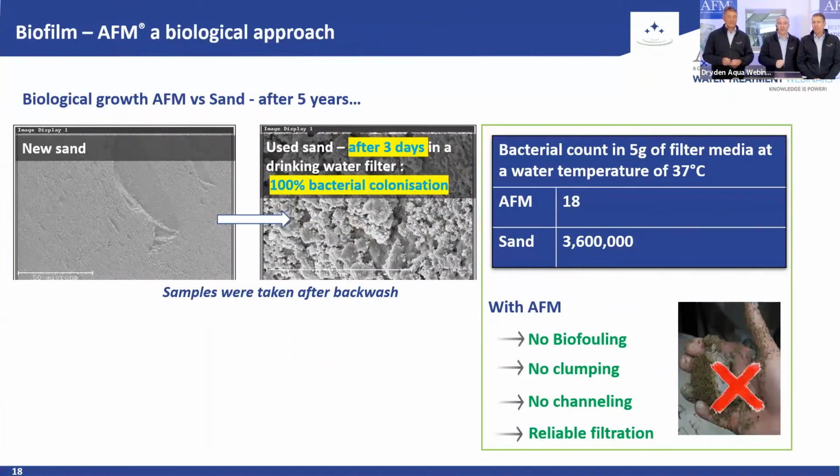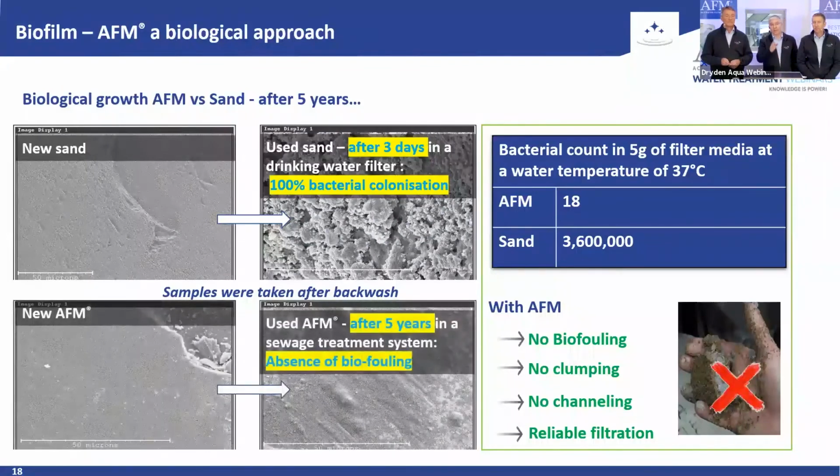If you take fresh AFM on the left side, then in this example, after 5 years, there is no bacteria growth. So we prove that this hydroxyl radical generation on the surface area really protects from biofouling. And most importantly, why do we want this? Because we don't want these problems of biofouling, clumping in the system, and unreliable filtration. So we improve this dramatically by using AFM.